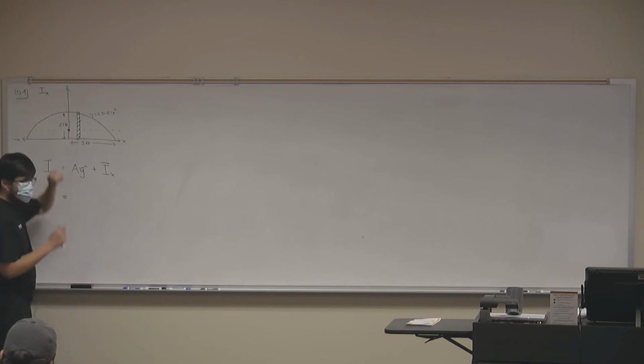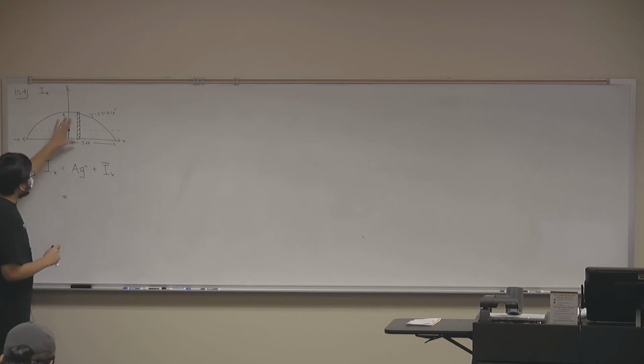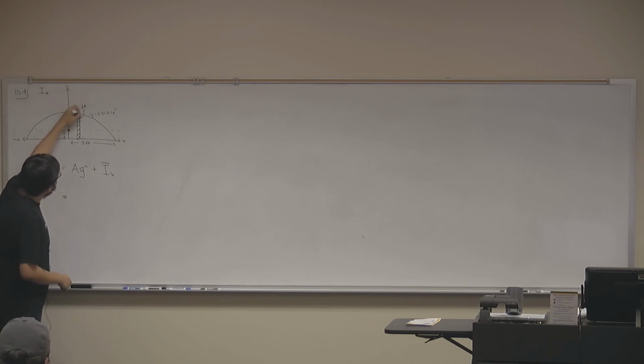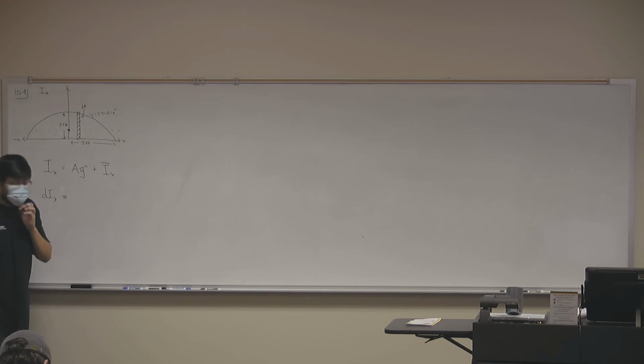So this is a really thin differential element with an area dA. Then the moment of inertia about the x-axis for this tiny element, we can just call it dI, right? So this is the moment of inertia for this tiny element.